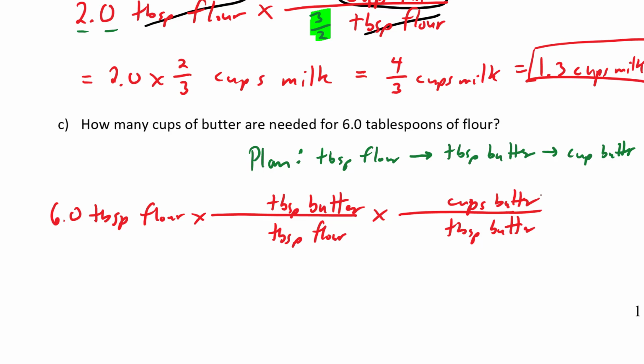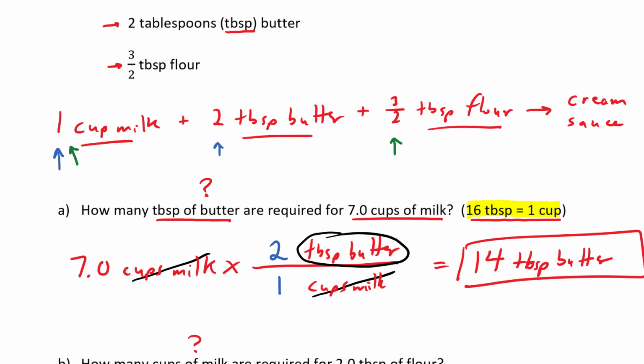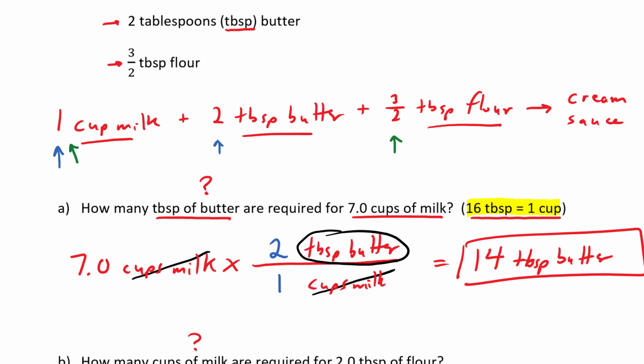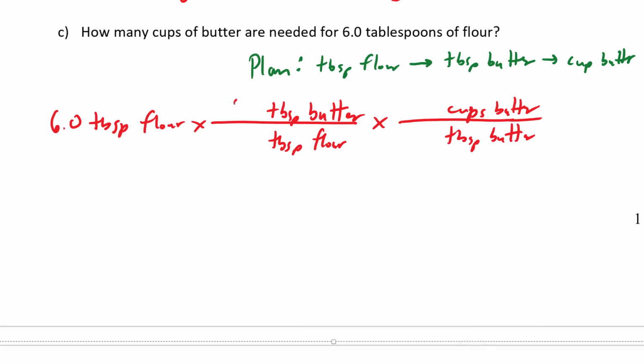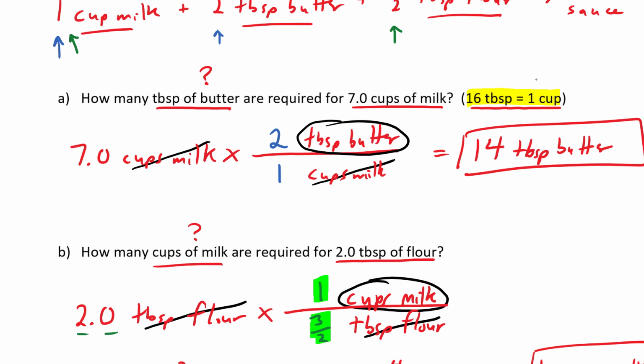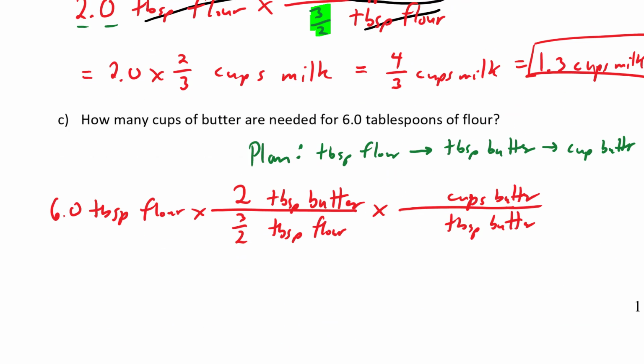What do we get as conversion factors now? Tablespoons of butter, tablespoons of flour. 2 tablespoons butter, 3/2 tablespoons of flour. So 2, 3/2. Cups of butter, tablespoons of butter. We're getting that from here. 16 tablespoons is 1 cup.